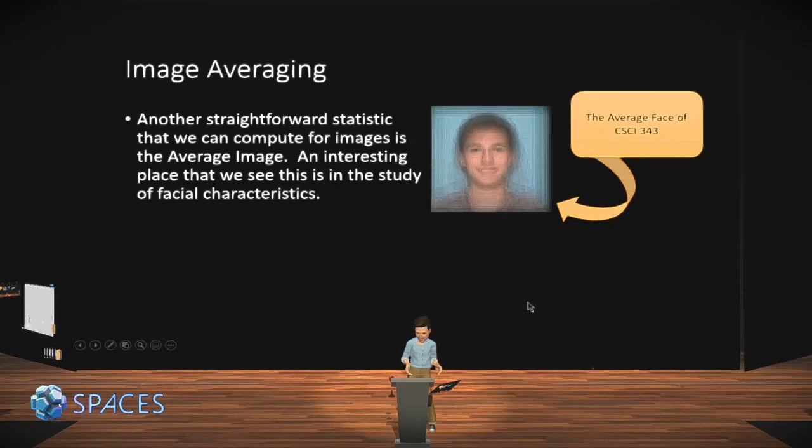So this is from the class roster. All of your faces have been averaged together. This looks like no one in this class, but you do get a very distinct sense of what this person looks like. For instance, the majority of students in this class are Caucasian males. The majority of students in this class have short hair.